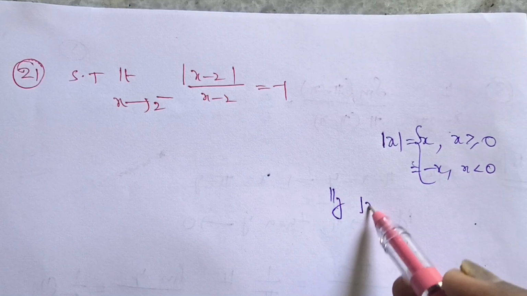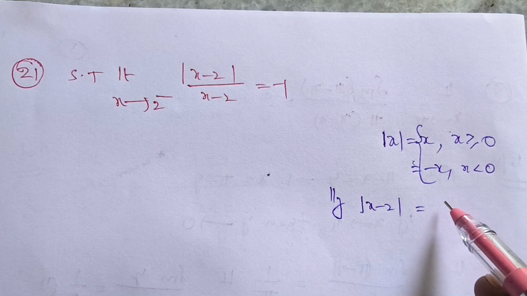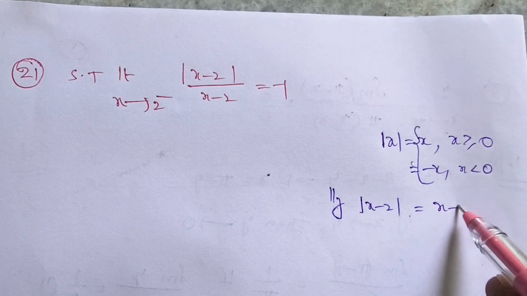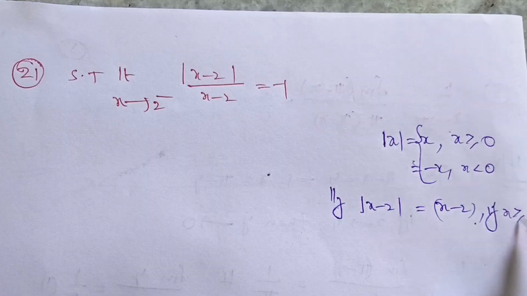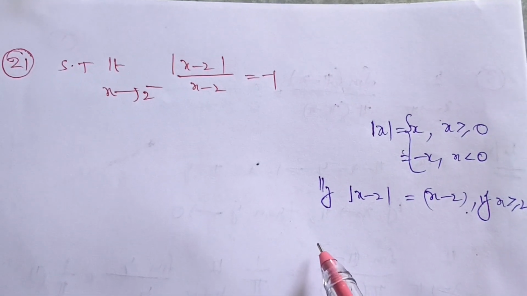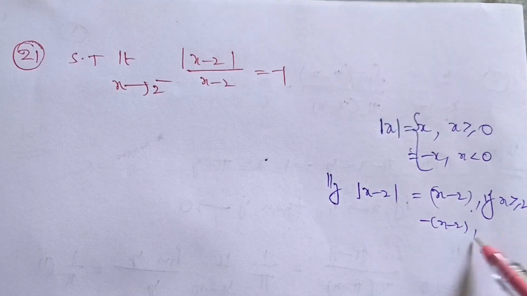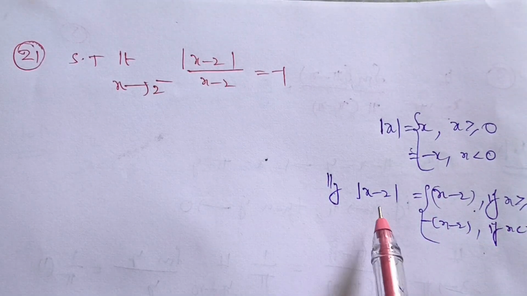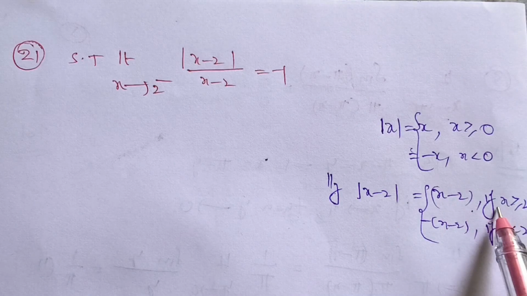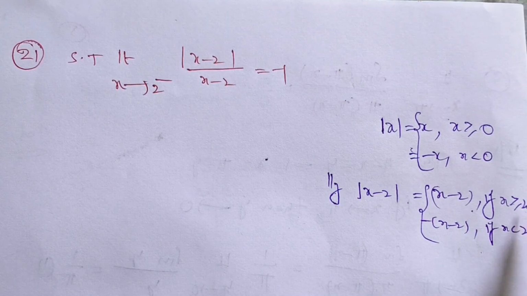Similarly, for the given problem, we have mod x minus 2 is equal to x minus 2 if x is greater than or equal to 2, and this modulus is equal to minus of x minus 2 if x is less than 2.